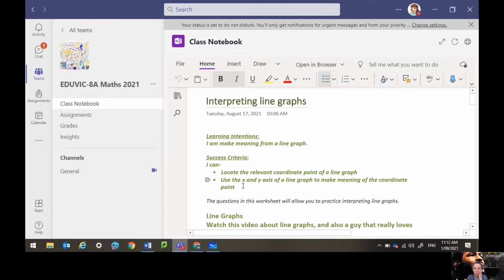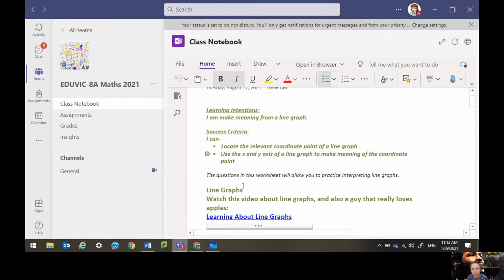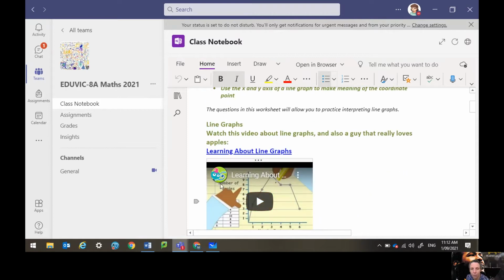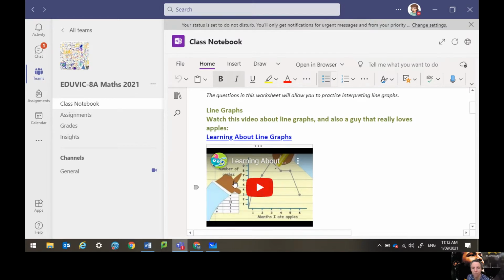Then the next step is to look at the x-axis and the y-axis and make meaning out of those axes, depending on what those axes are representing. There is a really great video in here that you can watch about a guy who loves apples, and he makes a line graph out of that.